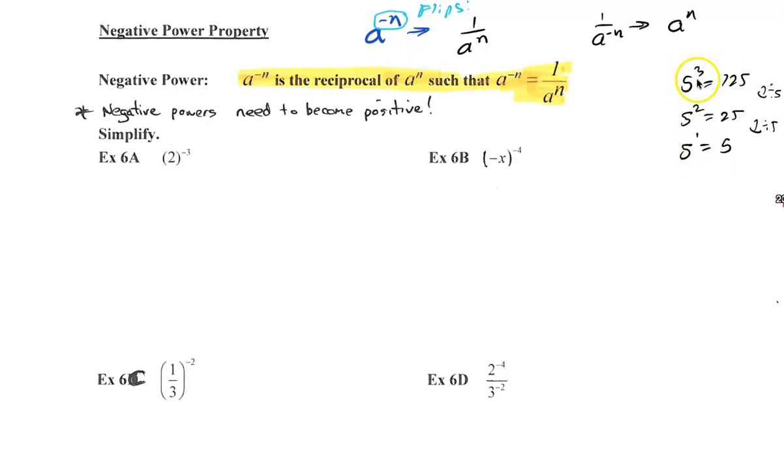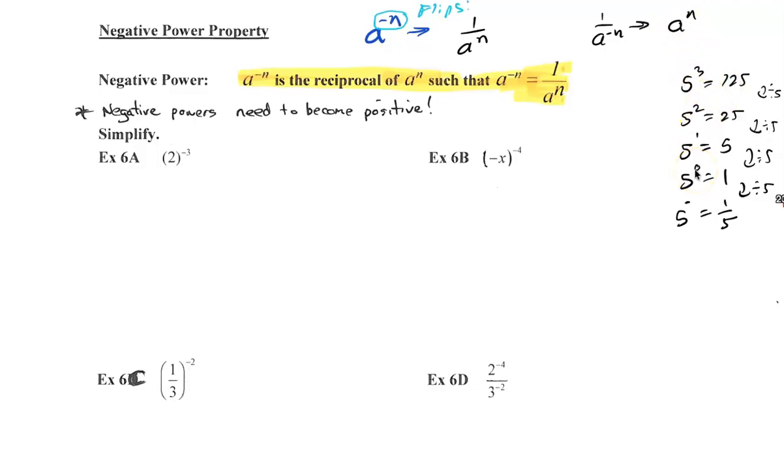Instead of multiplying 5 by itself 3 times, we're multiplying by itself 2 times. And then we're multiplying by itself 1 time. And then we get 5 to the 0. Well, divide by 5, that is just 1. 5 divided by 5 is 1. So 5 to the 0 power is 1. And we divide by 5 one more time. You get 1 over 5. We're going to follow the pattern here. Every time we divide by 5, we're subtracting 1 from the exponent.